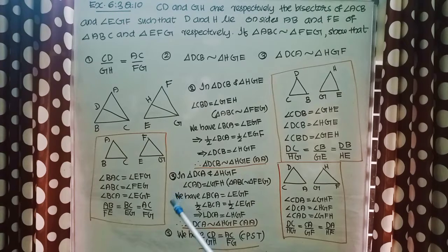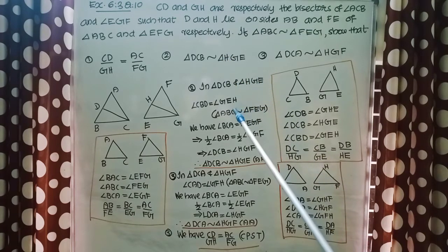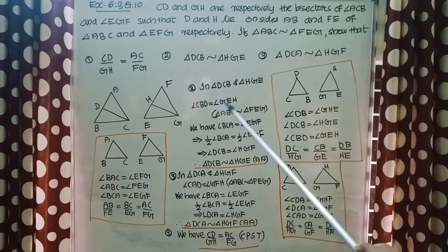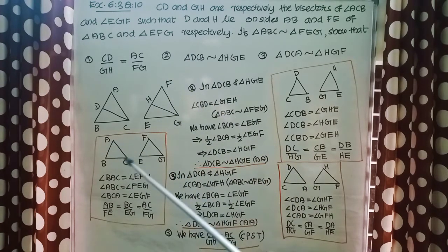Both are angle E. So this angle ABC equal to angle FEG is the same as this condition, angle CBD equal to angle GEH. So this condition is true. We can use it. In triangle DCB and triangle HGE, angle CBD equal to angle GEH. This we have written, it is true from triangle ABC similar to triangle FEG. So we can write that as the reason.